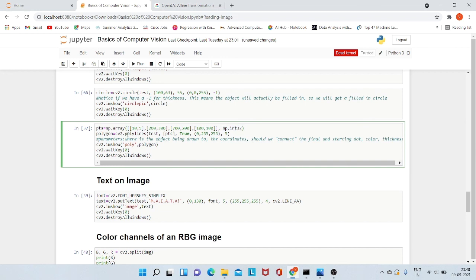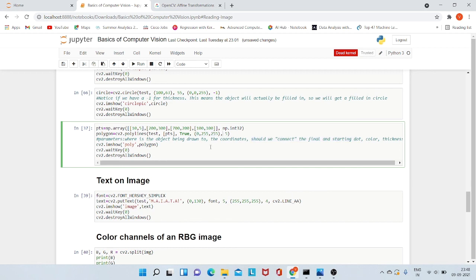And now cv2.polylines, I'm giving the image, and then I'm giving the coordinates, and then this true indicates should we connect the final and the starting dot. Here I'm giving true. If you want a closed figure, then give it true, or else just give it false. And again, this is the color, and this is the thickness.